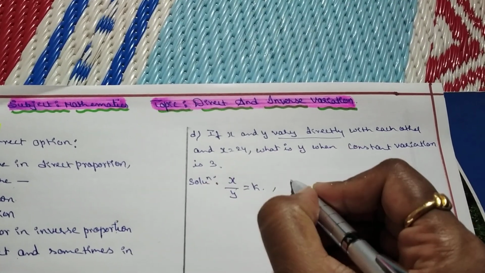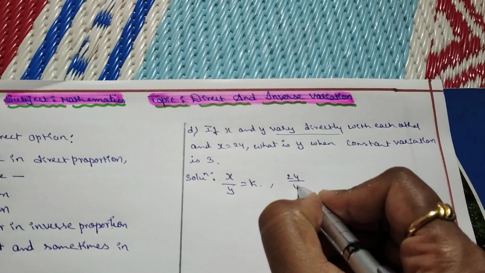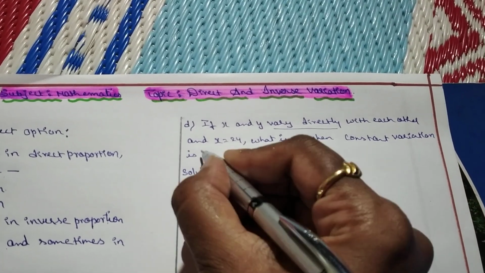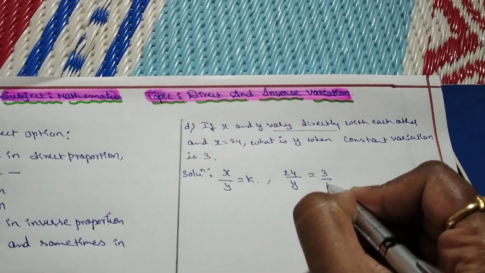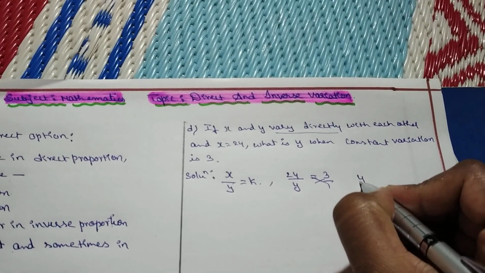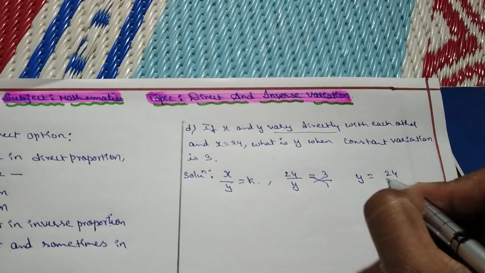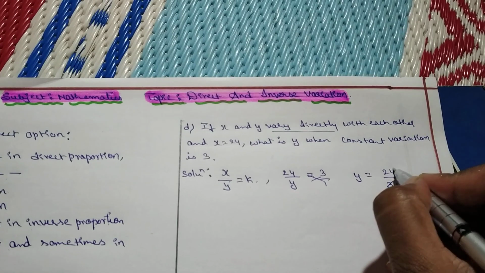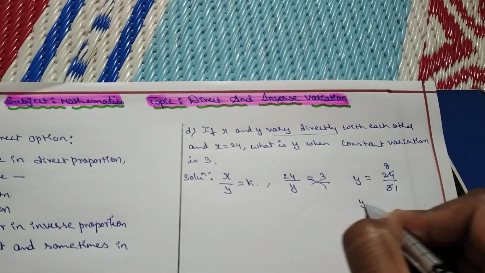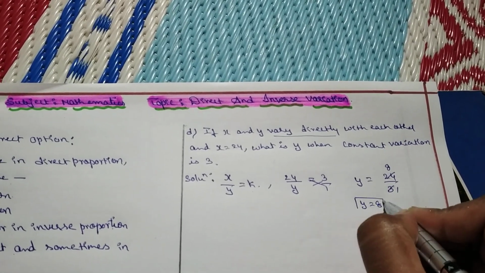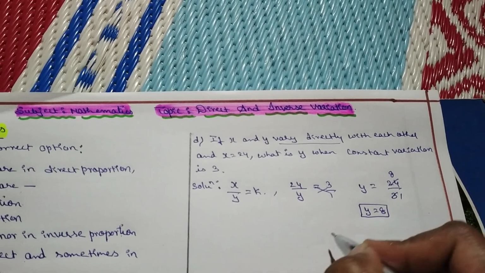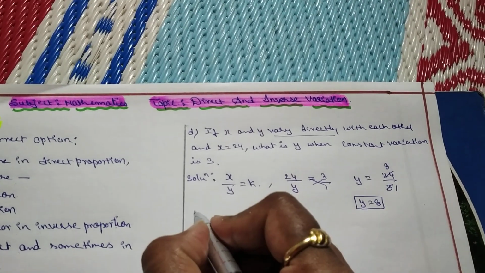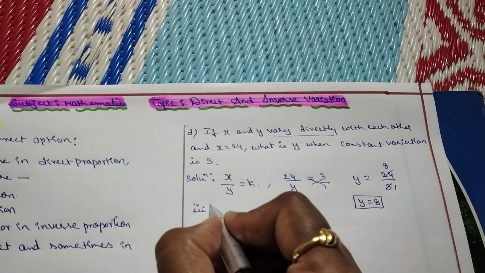X value is given 24 and the y value asked to find and the constant variation is given 3. So if I cross multiply, then we'll get y equal to 24 by 3. 3 ones are 3, 3 8s are 24. Then I got the y value is 8 and the value of 8 is in third option. So third option is the right answer.